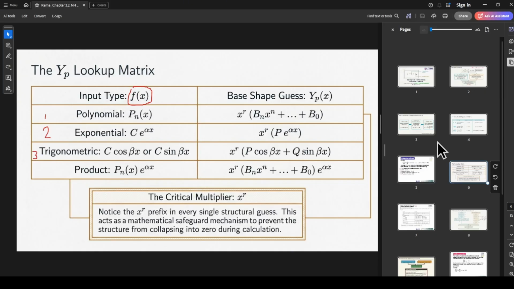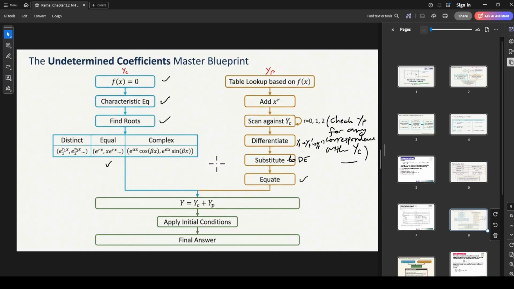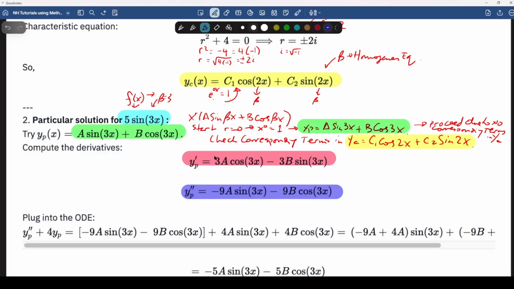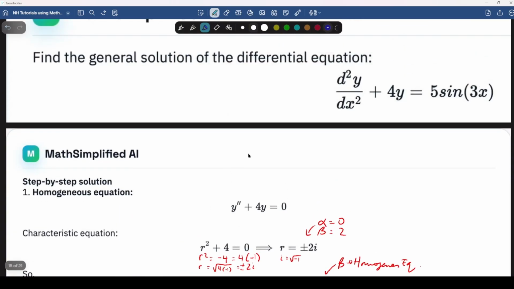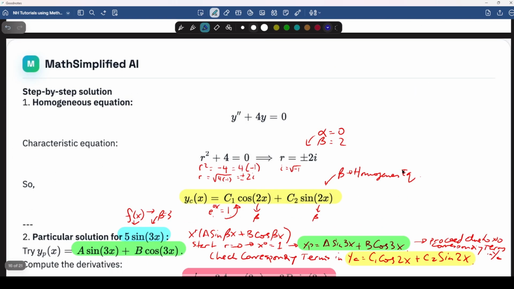Okay, the next step is following the flow chart here. After you differentiate yp to yp double prime, then substitute into the original differential equation, which was yp double prime plus 4yp. That's the one from the original, y double prime plus 4y equals 0, but in here we have 5 sin 3x.